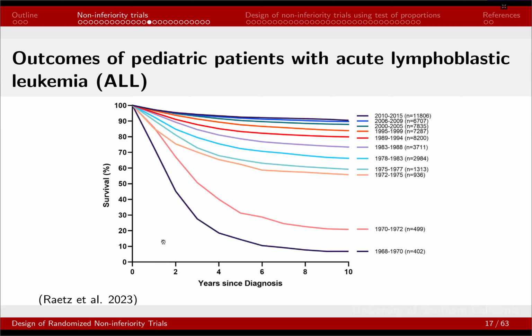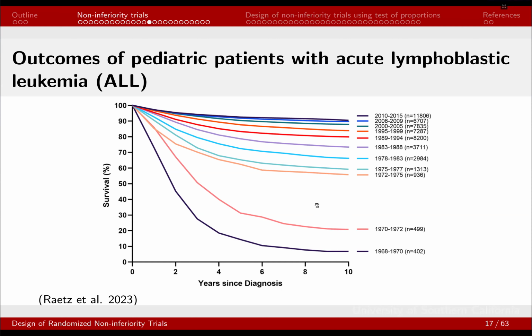Back in the 1950s, ALL was a fatal disease, and patients tended to die shortly after diagnosis. In the 1960s, investigators found that cytotoxic agents can induce remission, and that way they improved the outcomes of the patients significantly.